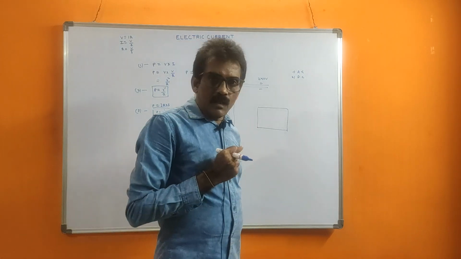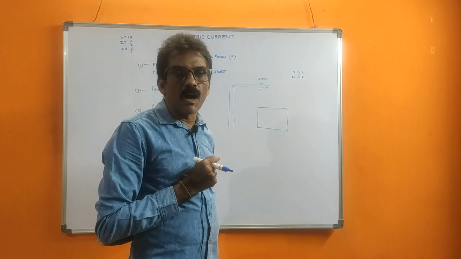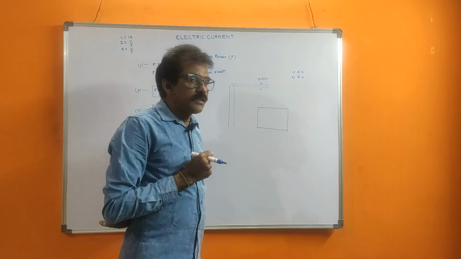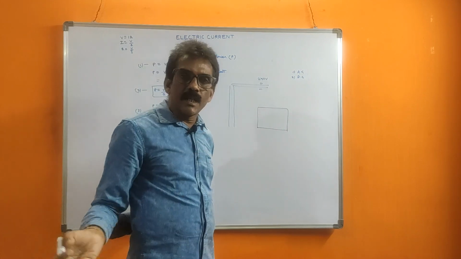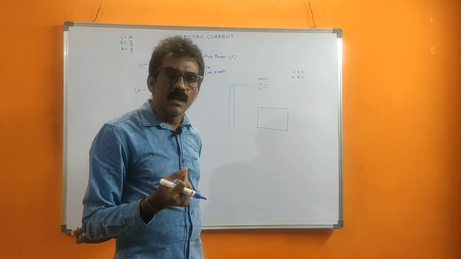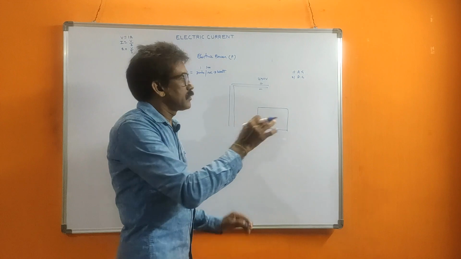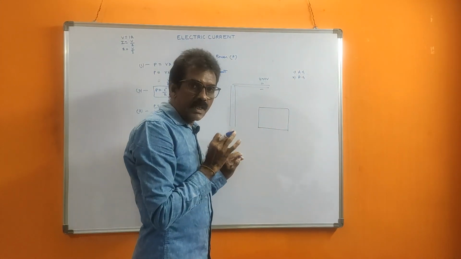AC means alternating current, DC means direct current. In the next electromagnetism chapters I will explain this clearly. Here just remember AC means alternating current, DC means direct current.